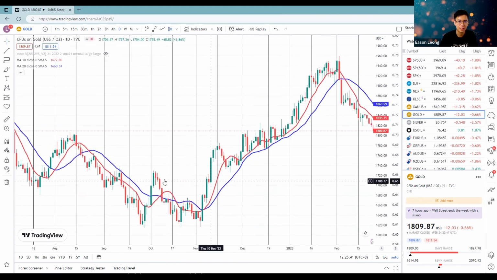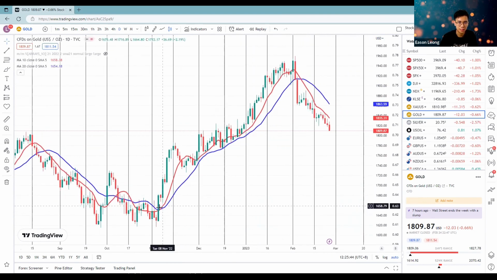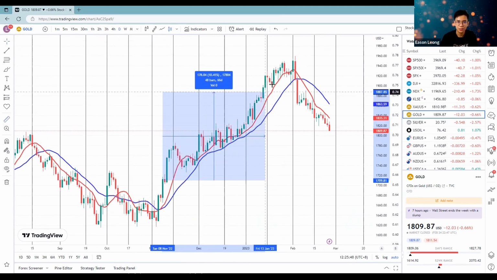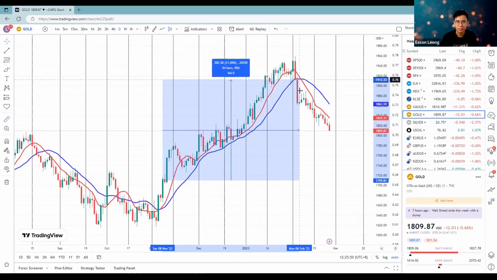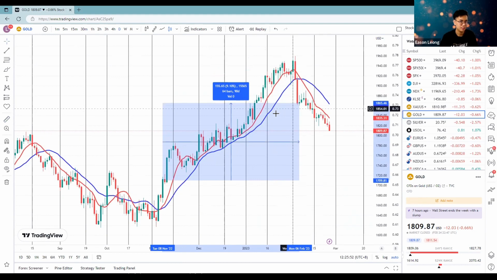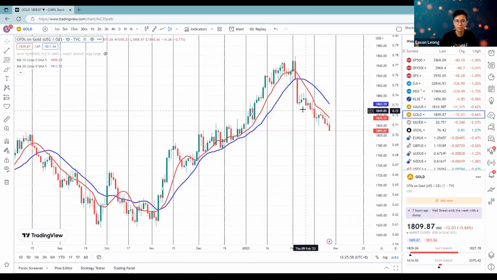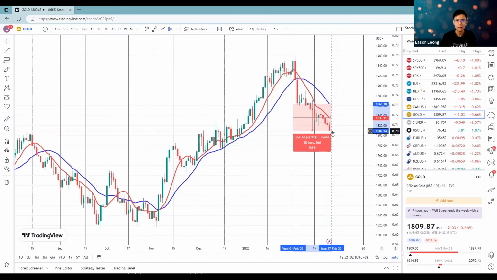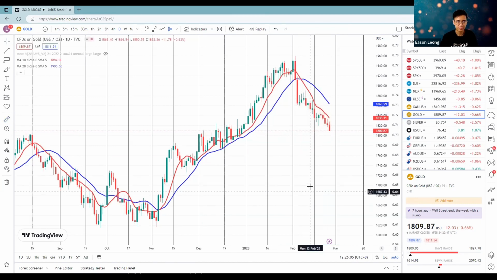Don't be misled. It's supposed to be here because it crosses up here. You buy and it goes all the way to here to exit. You see, such an easy profit. Then when it crosses down, you sell from here, down to here. Still haven't closed yet.